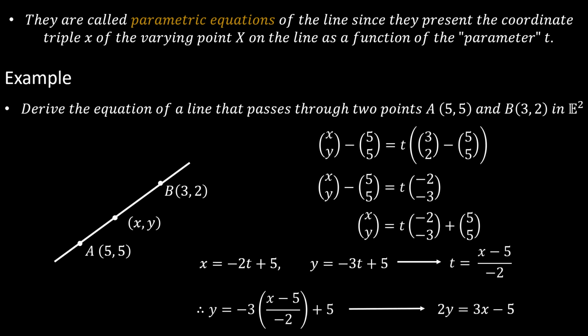Multiplying 2 across, since the negatives cancel, we have 2y equals 3x minus 15, plus 2 times 5, which is 10. So negative 15 plus 10 is negative 5. So 2y equals 3x minus 5. That's the equation of the line.